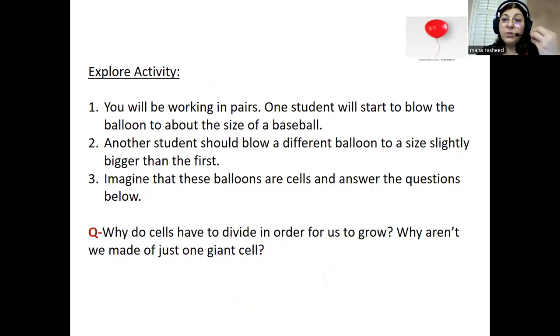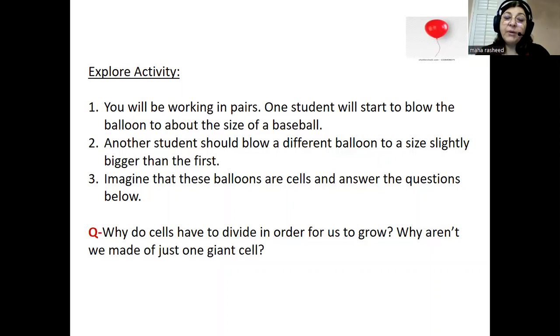One student will hold the first cell and you're gonna blow it until I tell you to stop, then tie it and put it next to you. Then the second student is going to blow the second cell, which is a little bit larger, and then stop when I tell you, tie it and put it next to you. And then you're gonna answer the question that's on the board.